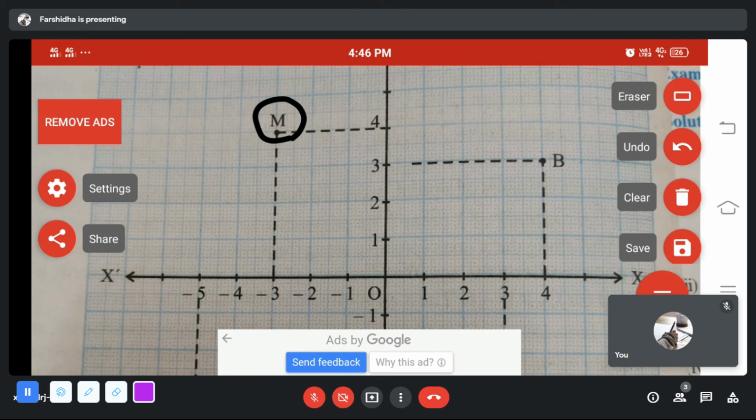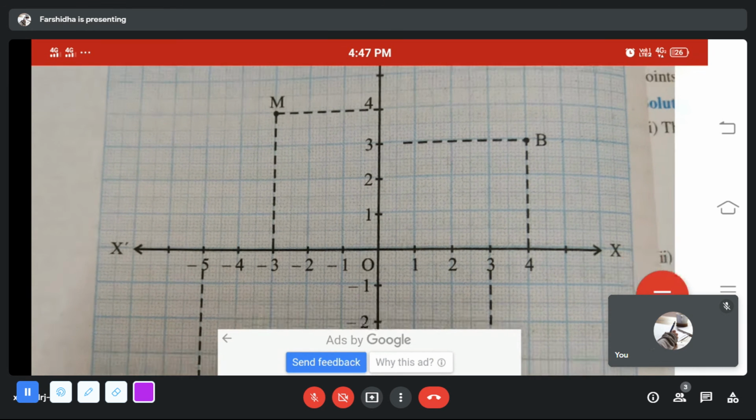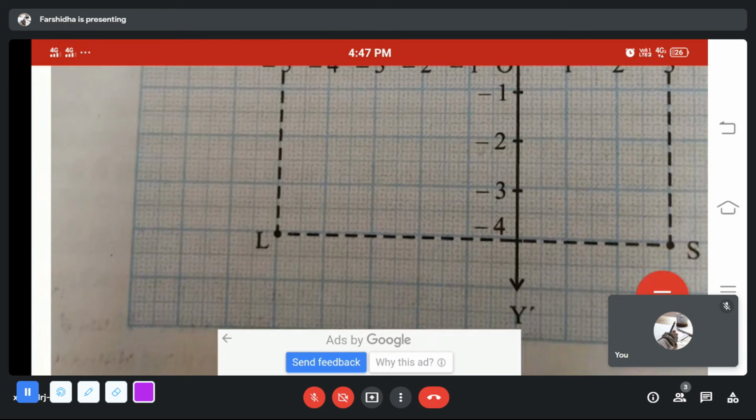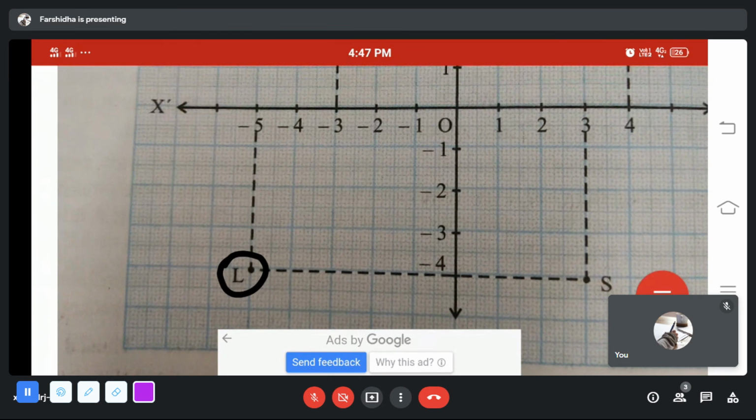Now the third one. The x coordinate and y coordinate of the point L. So the point L is here. Tell me. The x coordinate is minus 5 and the y coordinate is minus 4. Yes.